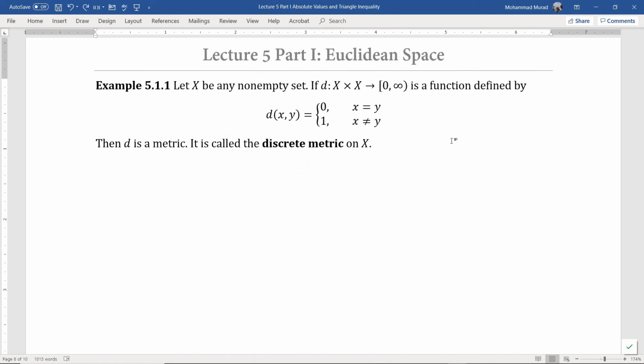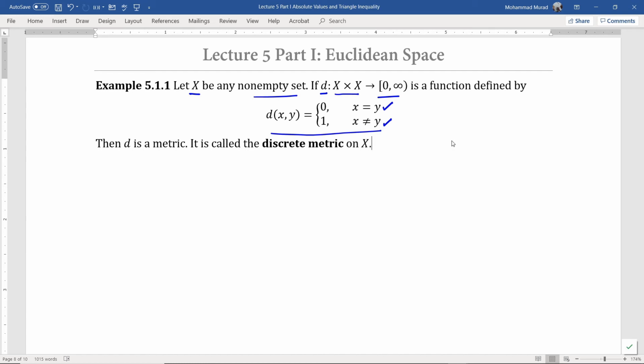Let's have a look at a different example of a metric space. Let X be any non-empty set, and we define a map or a function from X cross X to the set of non-negative real numbers by this formula, which says D of x comma y is 0 if x is equal to y, or D of x comma y equals 1 if x is not equal to y.